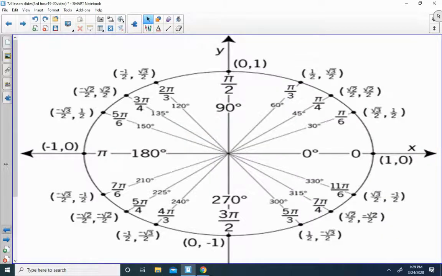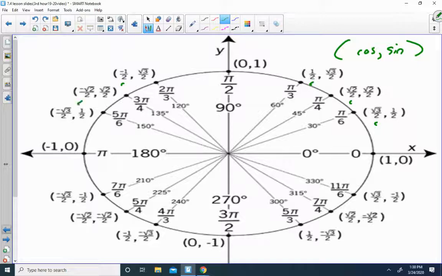Remember with our unit circle, the way that it's labeled is it always shows you the cosine answers first and the sine answers second. So we're going to look at every cosine part and find out where cosine is equal to 1/2. Right here, we have cosine equals 1/2 at 60 degrees, or pi over 3.